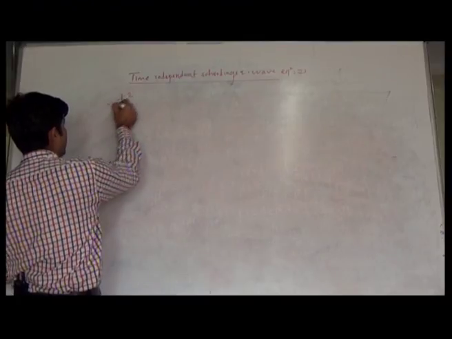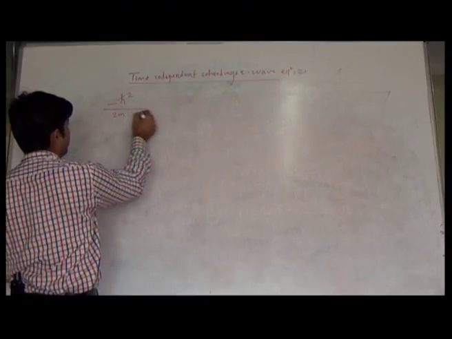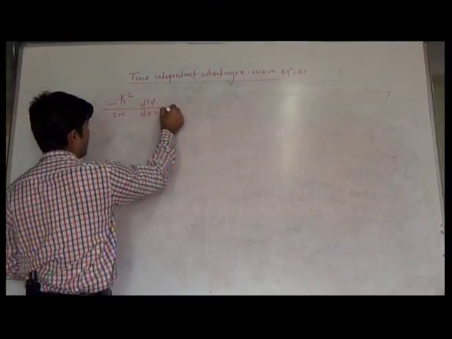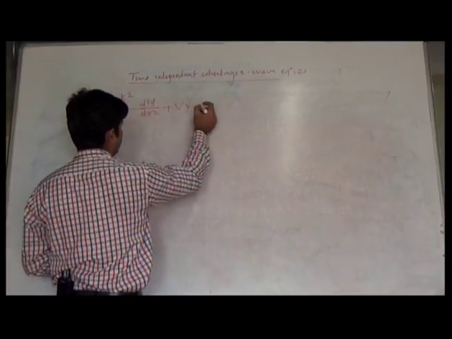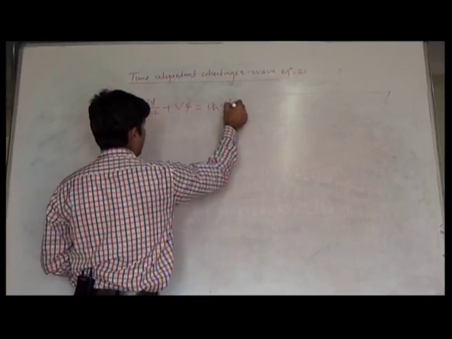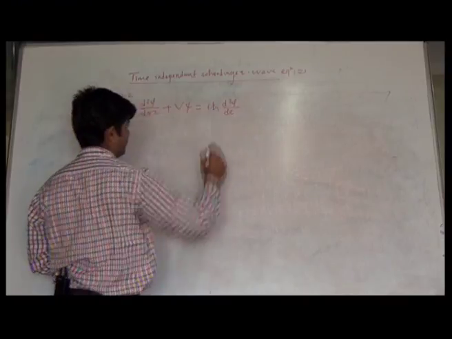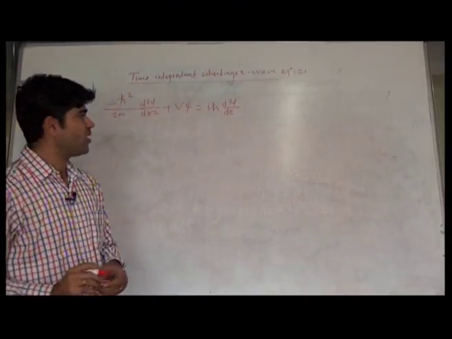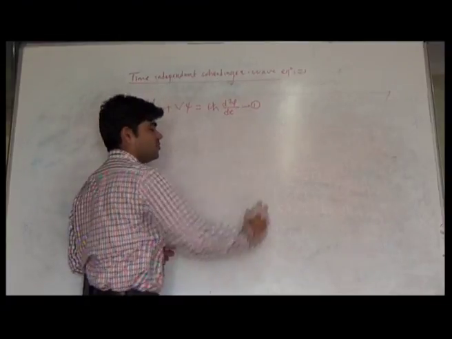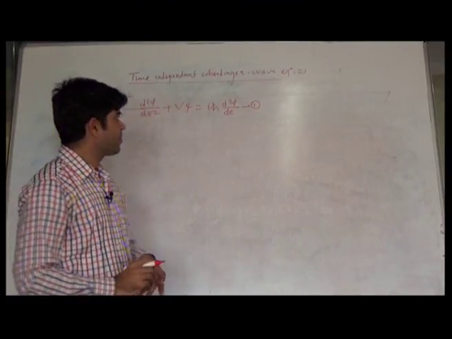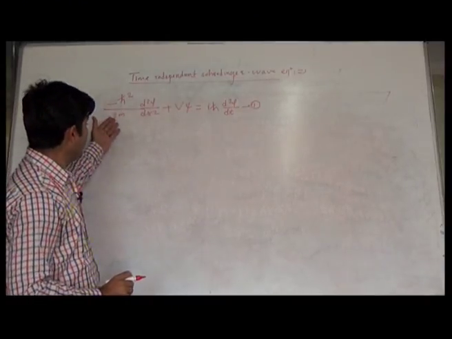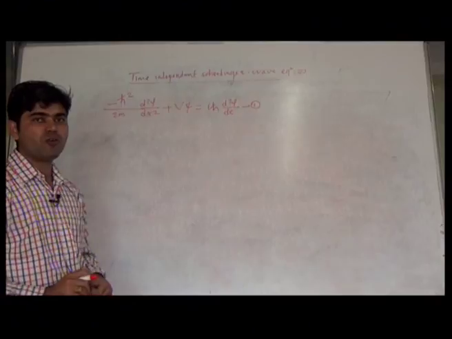That equation is minus h cross square upon 2m d square psi upon dx square plus V psi is equal to i h cross d psi upon dt. This was the last equation, and it is called the Schrödinger time dependent equation. We derived this equation from the wave function.